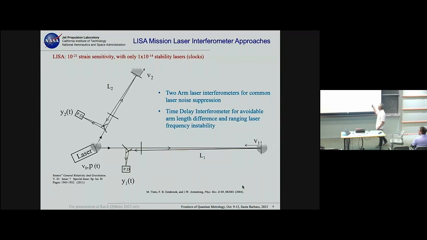For LISA, however, because of the large separation of a million kilometers, and orbit dynamics, they can never really make the two arms exactly equal, so there are always about 10% distance variations.